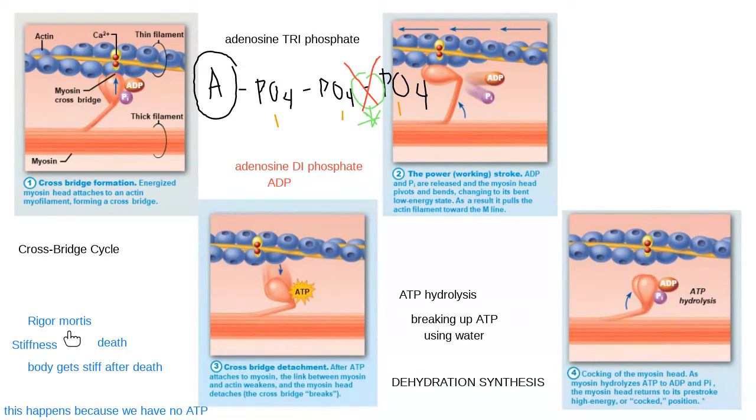Rigor mortis, the problem is we did the power stroke, we are attached to each other, but we can't let go. If myosin and actin let go of each other, they can slide past each other. We can still do movement. But if I don't have ATP, I can't detach myosin and actin from one another.